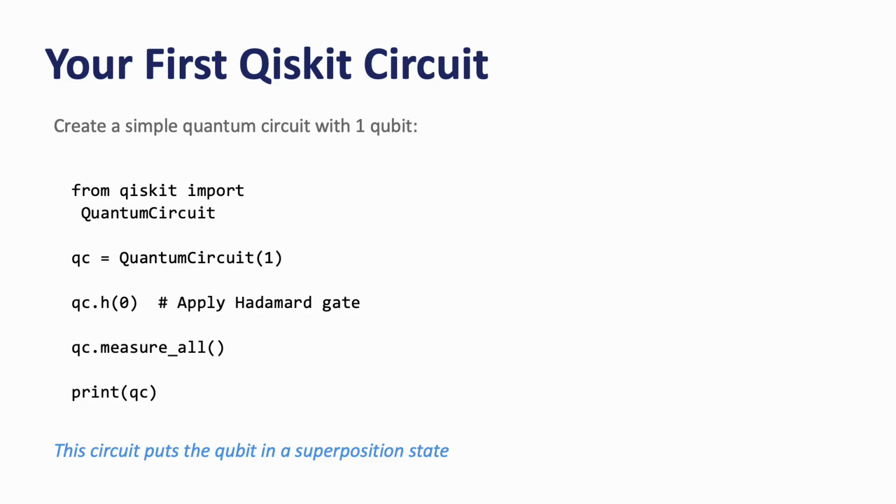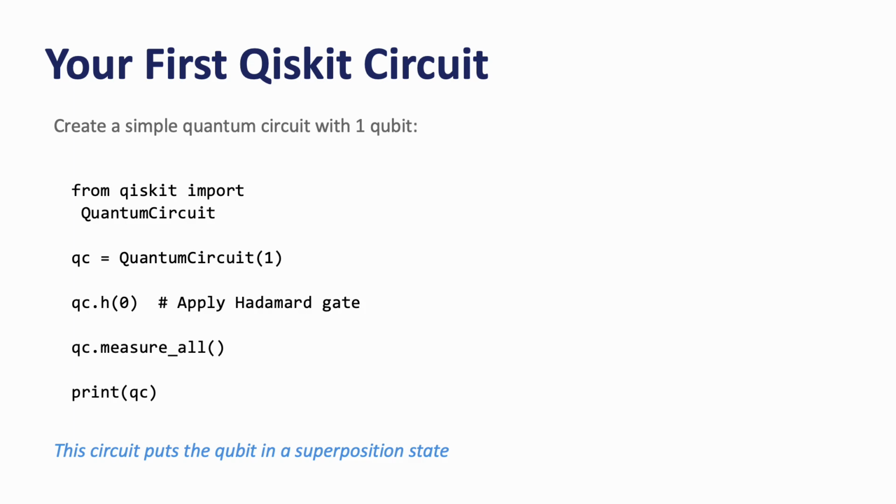The first line creates the quantum circuit with one qubit. That's it. One qubit is already there, or I can say the qubit is ready to be manipulated. The next line applies what's called a Hadamard gate to the qubit.